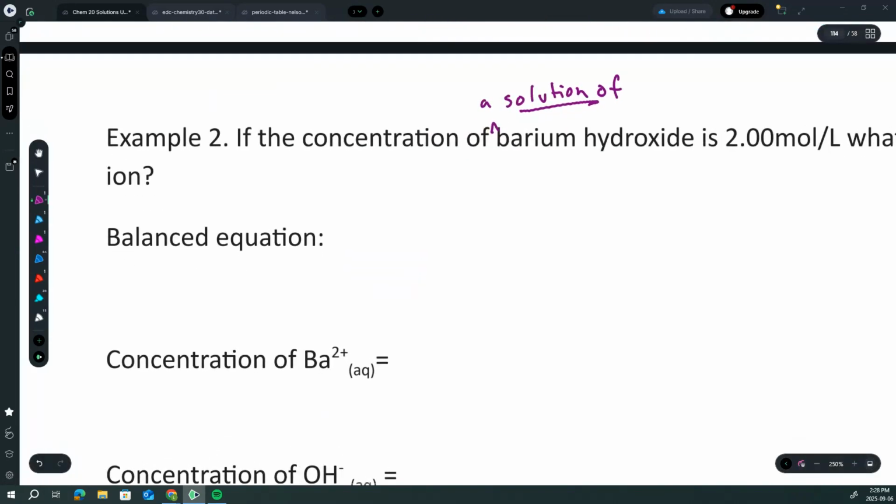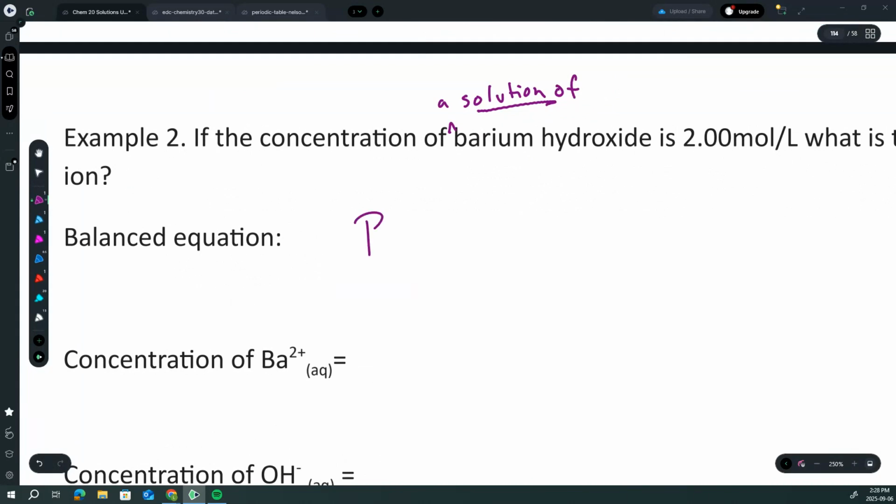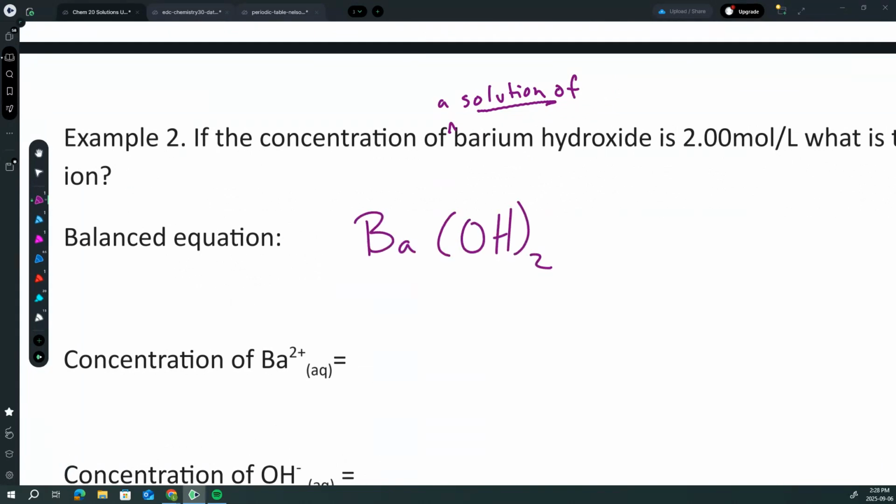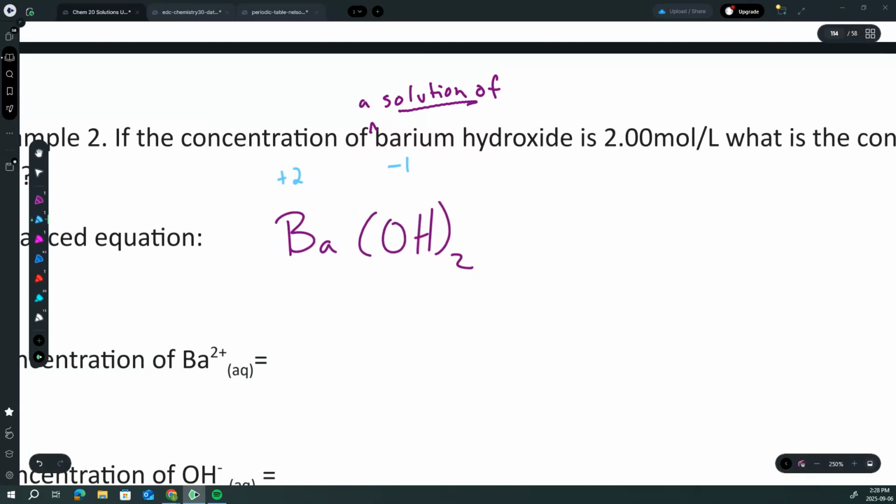Okay, so the balanced chemical equation. So barium hydroxide. I kind of jumped the gun here, but the reason why I'm writing it the way I am is because barium has a 2+ charge, hydroxide has a -1 charge, so I just went ahead and did crisscross applesauce by bringing down the numbers there.